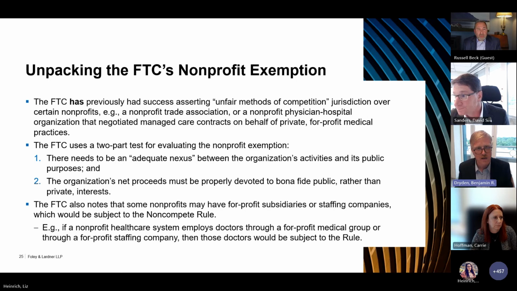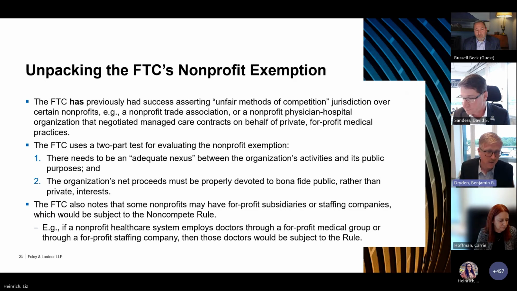So a trade association that itself is a 501c organization, but it represents the financial interests of its members, the FTC's gotten jurisdiction over trade associations. Or a physician hospital organization that is a nonprofit itself, but it negotiates managed care contracts on behalf of private for-profit medical practices, the FTC has jurisdiction over that. The FTC uses a two-part test. I've got it on there. I won't belabor the point.